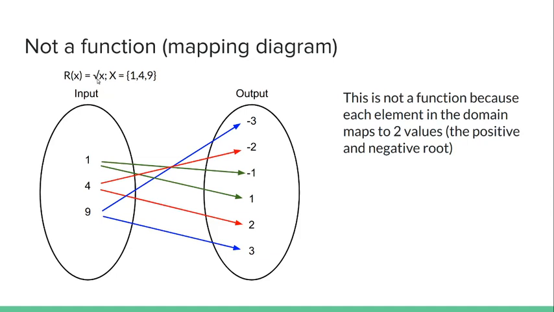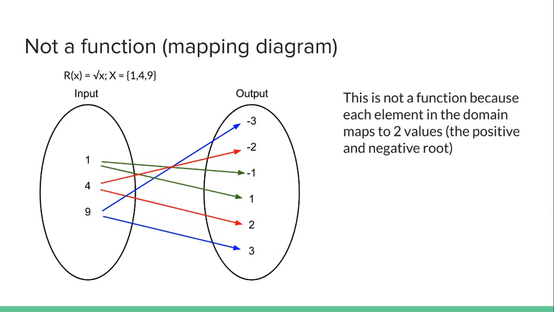So the square root of x is not a function because, and you may or may not be aware of this, for any number, we have both a positive and a negative root. So if, for example, we take the value 1, the square root of 1 can be -1 or 1, and that's because -1 times -1 is 1, and 1 times 1 is also 1.